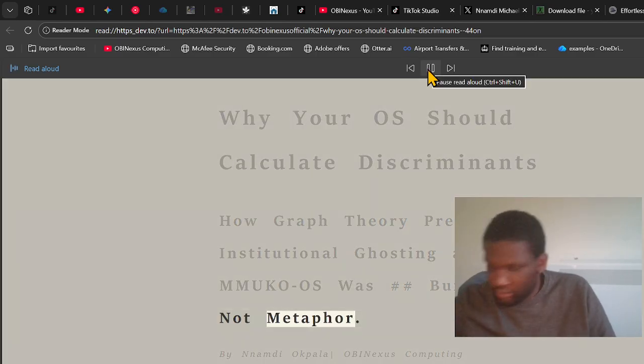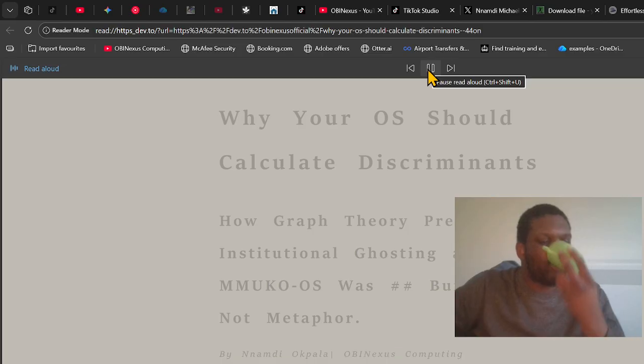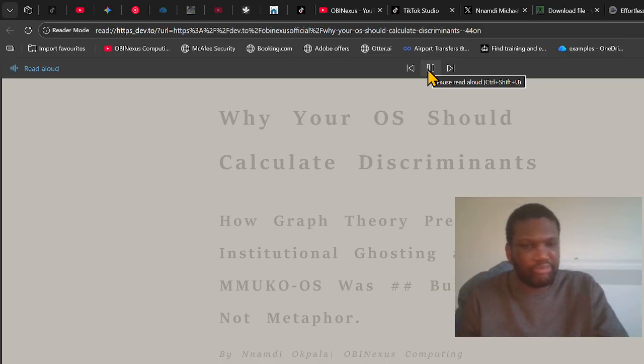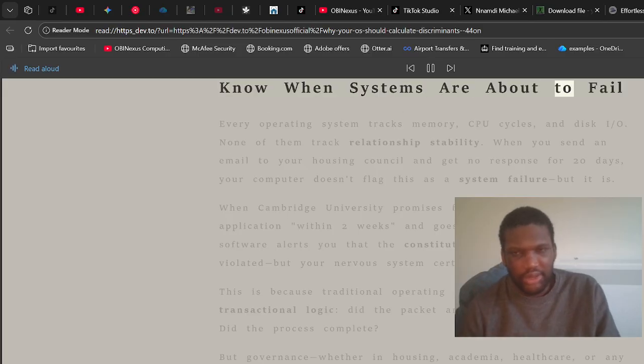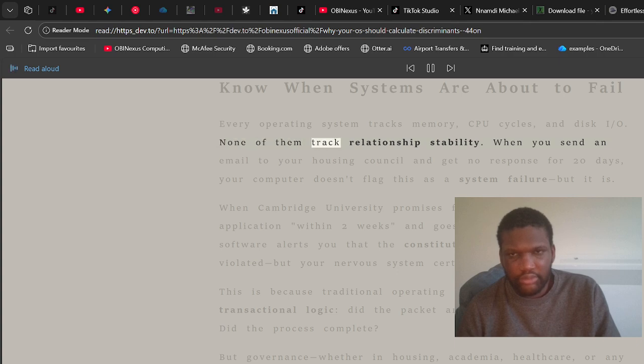By Nnamdi Okpala, Obianexus Computing, February 16, 2026. The problem: your computer doesn't know when systems are about to fail. Every operating system tracks memory, CPU cycles, and disk I/O. None of them track relationship stability.